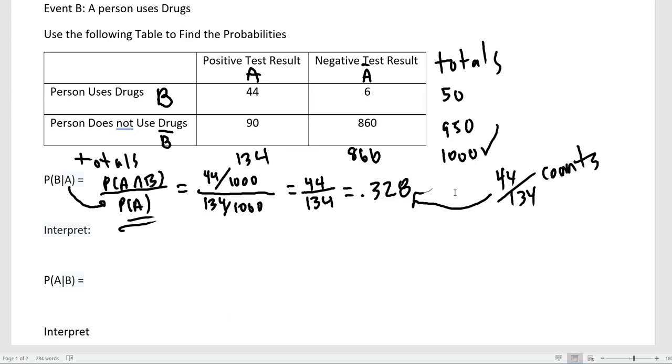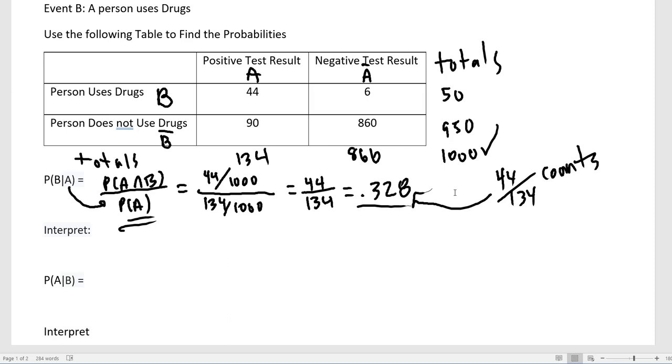Because if the test is only 32% successful the first time, what's the probability of it happening again? Well, you could do 0.328 times 0.328, and at that point it becomes more effective. It's the same thing we do with pregnancy tests. The test has some wiggle room, so they say take more than one test, and that lowers the probability of you getting a false positive or a false negative.